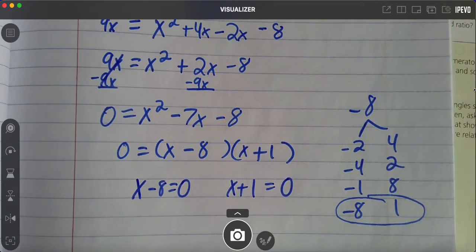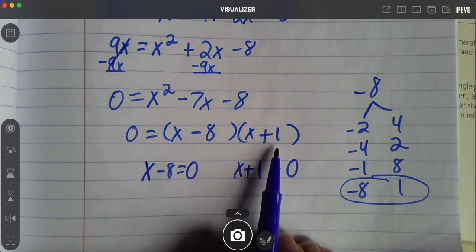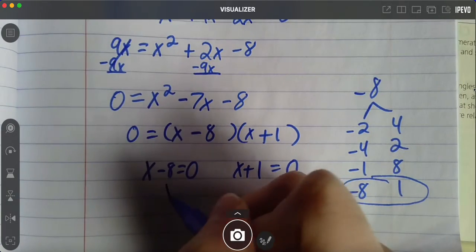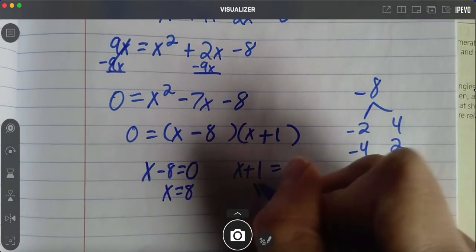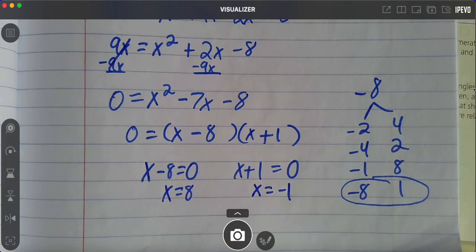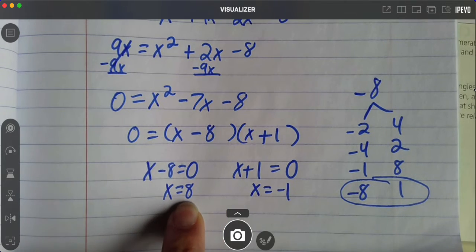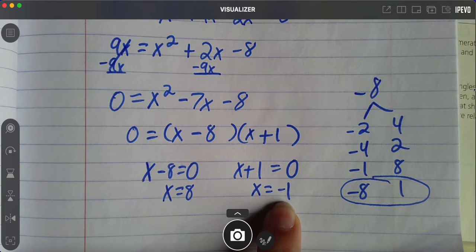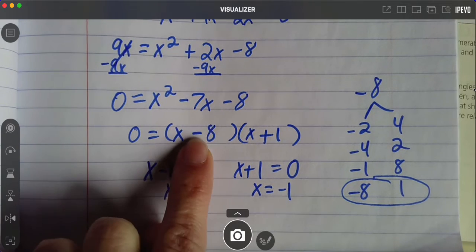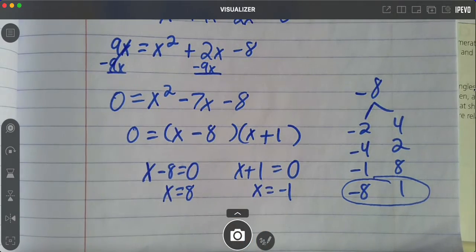And it's always the opposite of what's in the parentheses. It's going to be 8 and negative 1. If I move that over, x would be what? 8. And if I moved the 1 over, what would it be? Negative 1. Or you can just think, what minus 8 is 0? 8 minus 8. What plus 1 is 0? Negative 1 plus 1. Or you can shortcut it. It's just the opposite. It's going to be 8 and what? Negative 1 are my answers.